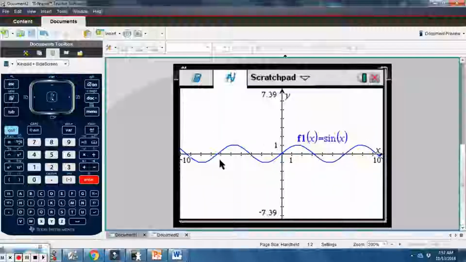From negative pi over 2 to pi over 2, it's going to be from this point here to this point here, if we're considering radians. So I know that the minimum is going to be this bottom point.